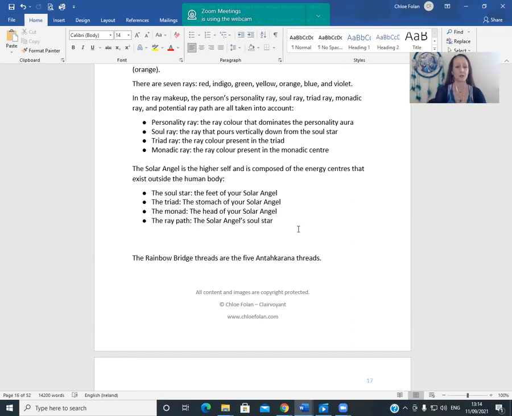I've come across the phenomenon where I have seen people whose external auras are to a certain degree impressively clear, but they're still not fully built to their soul star. And this brings me back to the causation techniques of this document, meaning the Rainbow Bridge techniques.